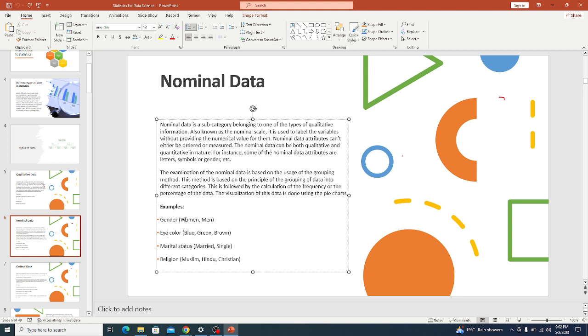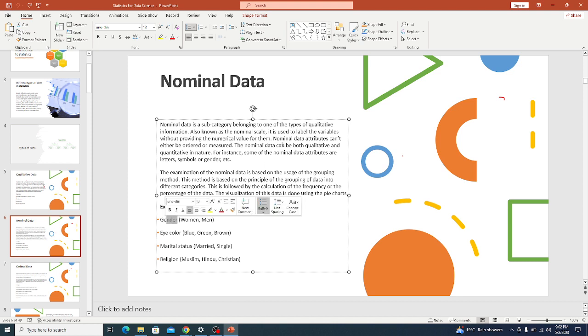We have labeled some variables under gender, like women and men. These are variables under gender. And you can see with that, we've not provided any numerical value to the nominal data, that is gender.